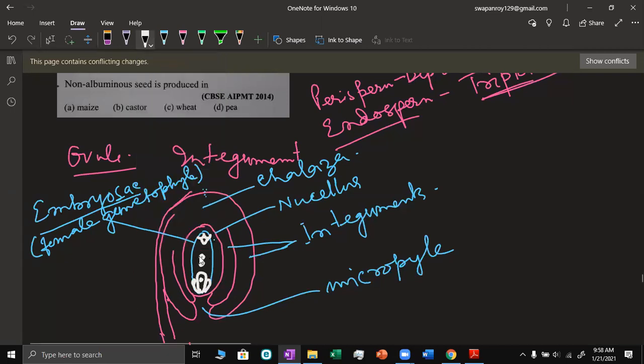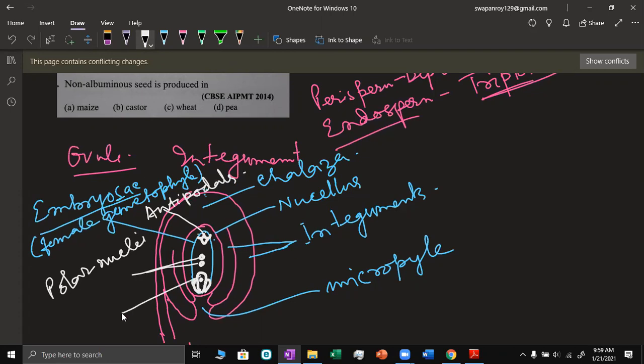These two are polar nuclei, these three are antipodals, and this is the egg apparatus.